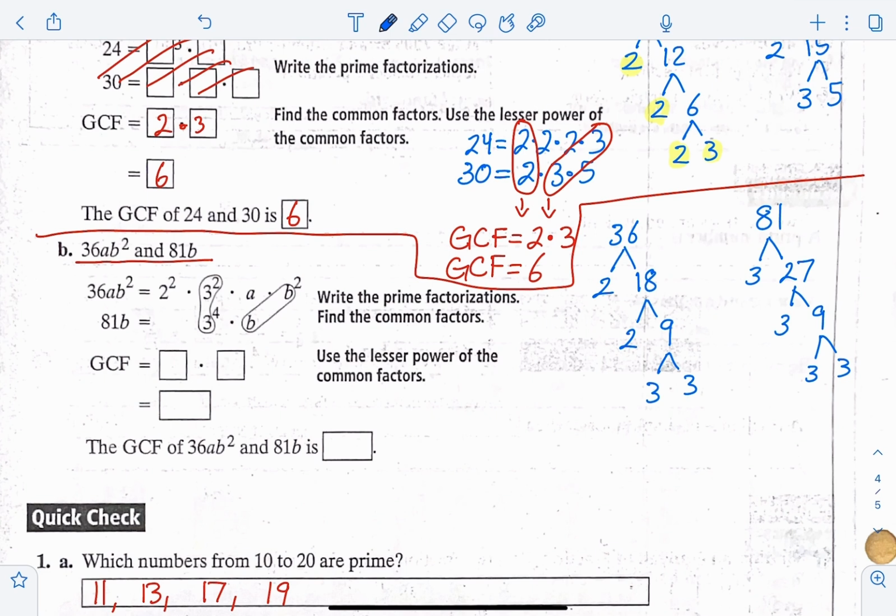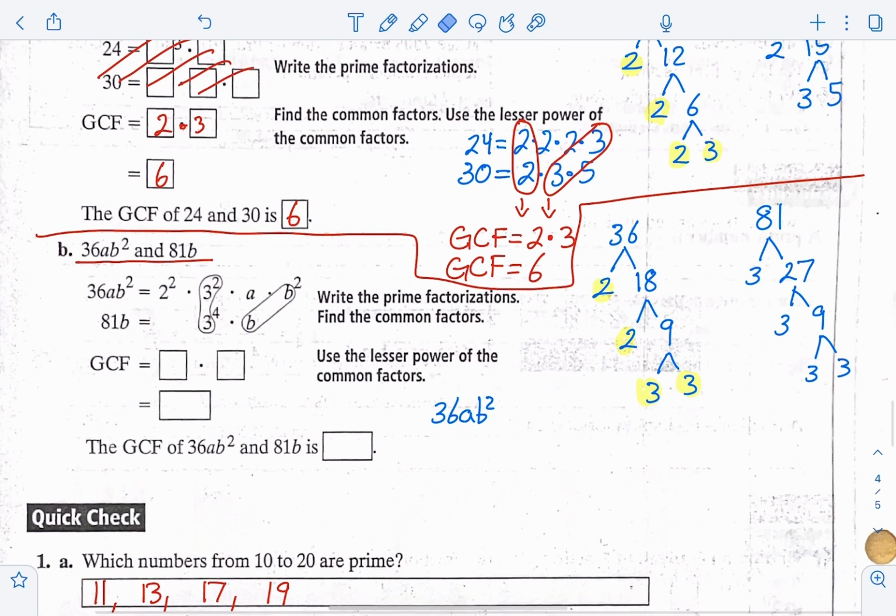When we're writing them in our prime factor form, we need to remember to bring the letters down with us. So like this first one you would write as 36ab squared equals, and you would write your prime factors from the tree but then you also write the letters as well.